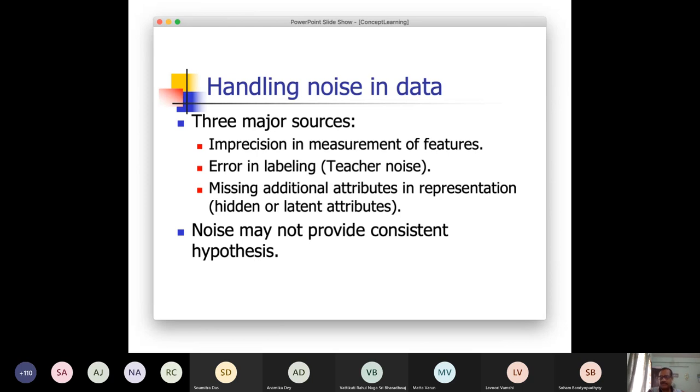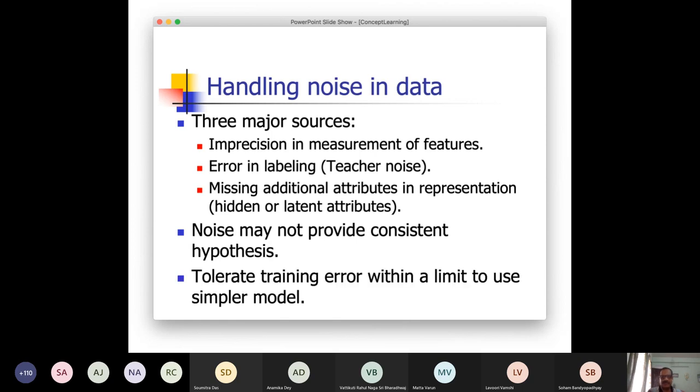And even if you get a consistent hypothesis, because there is error, it also has an issue with respect to true error. That is why in many machine learning techniques, in fact all the techniques we'll be discussing subsequently, you have to tolerate a training error within a limit. And we'd also like to see that your model remains simpler.